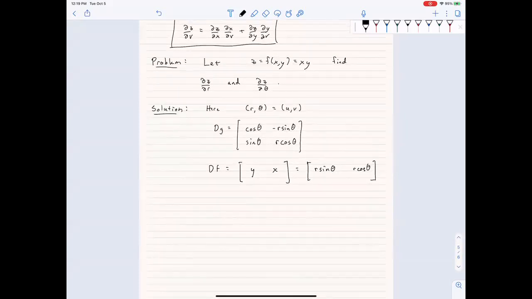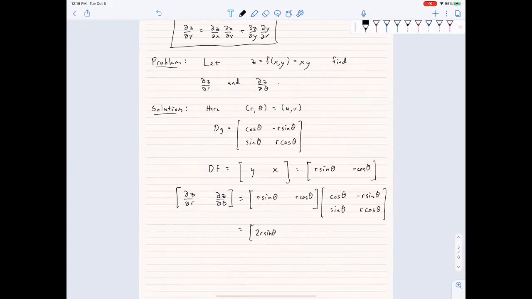And now we have a very simple computation on our hands. We're going to calculate both at the same time, del z del r and del z del theta. It's just obtained by multiplying these two matrices. So in the interest of efficiency, let's just write these down this way. First, it's going to be r sine theta cosine theta plus r sine theta cosine theta, which is 2r sine theta cosine theta.